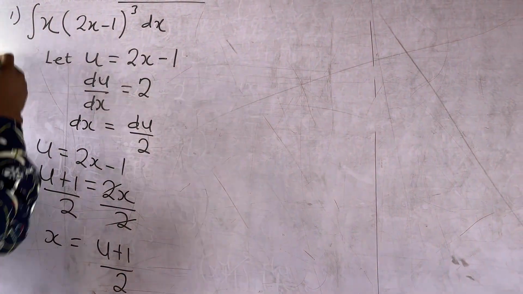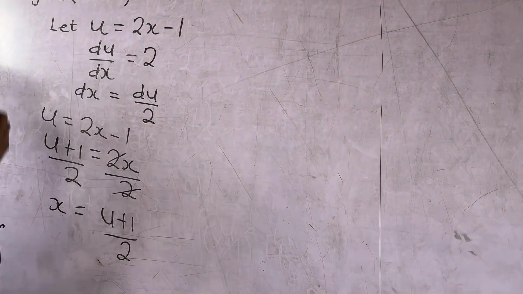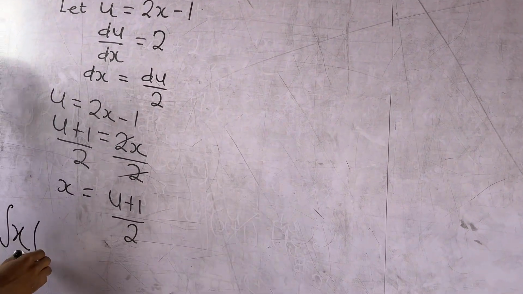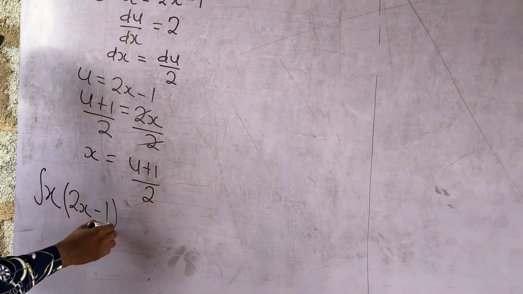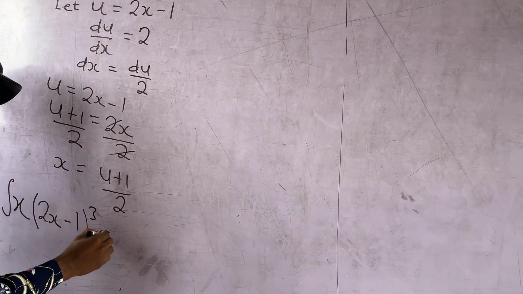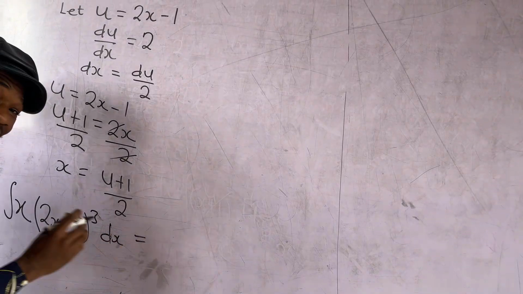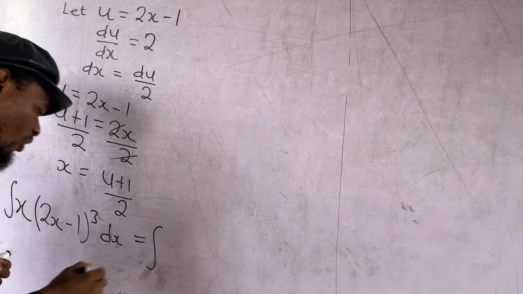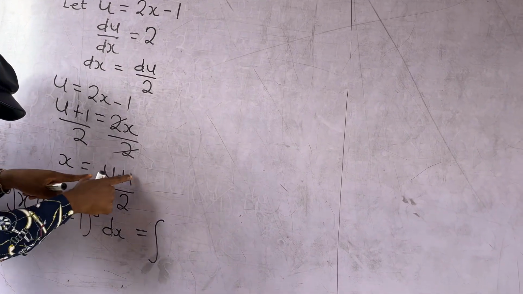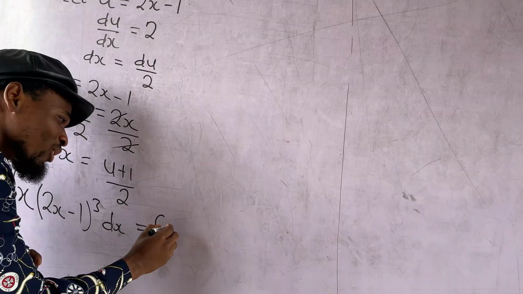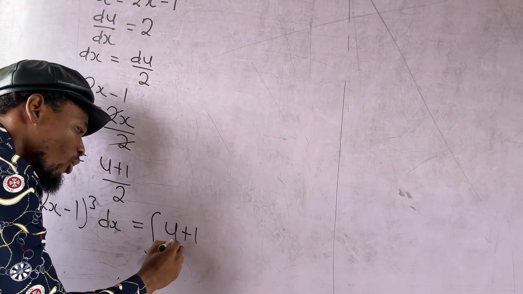So therefore, I can say that the integral of x multiplying (2x minus 1) raised to an exponent of 3 times dx is the same as the integral of x. What is the value of x? x is equal to (u plus 1) all over 2.